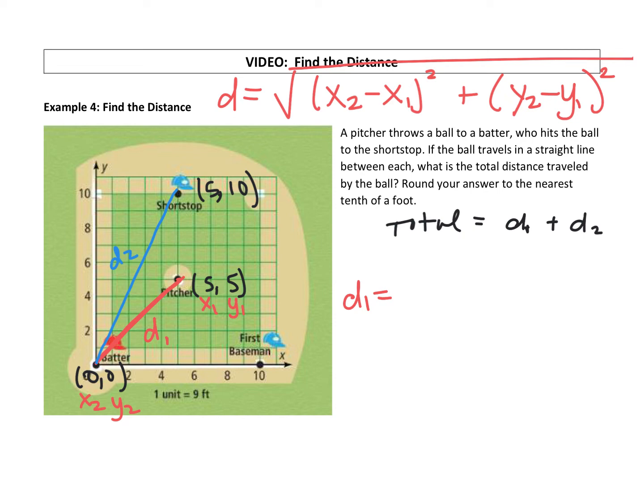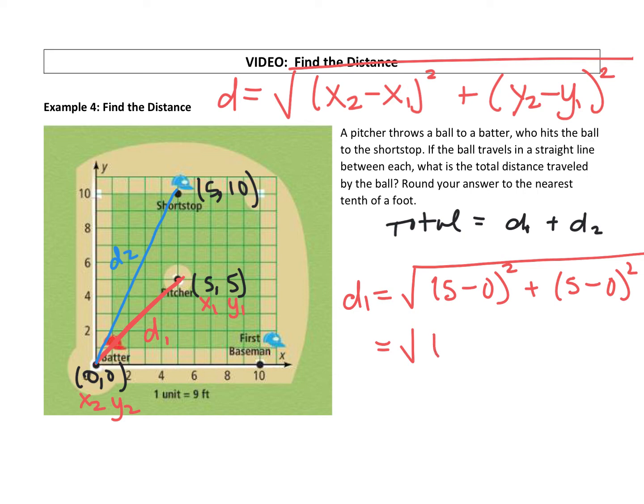We have some plugging in and simplifying to do. So our first distance, I labeled x1 is 5 minus x2 is 0 squared plus our y1 is 5 minus y2, which is 0 squared. It's the square root of that whole thing. And then we're just going to keep simplifying. 5 minus 0 is 5. 5 minus 0 is 5.